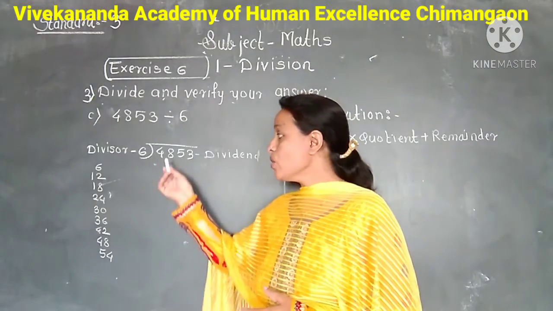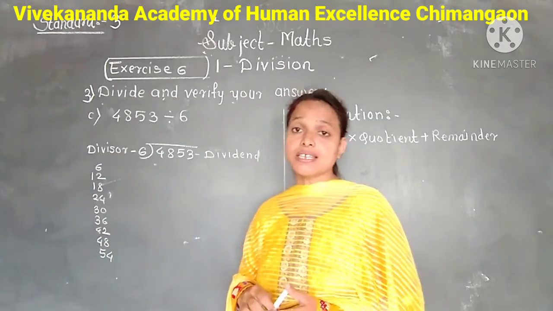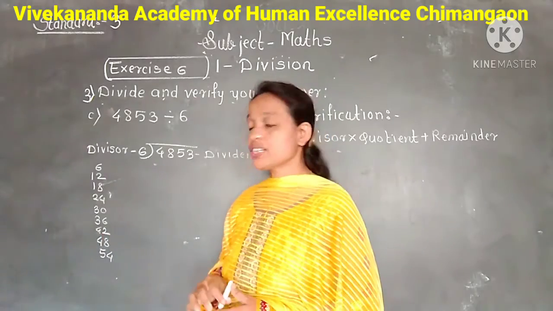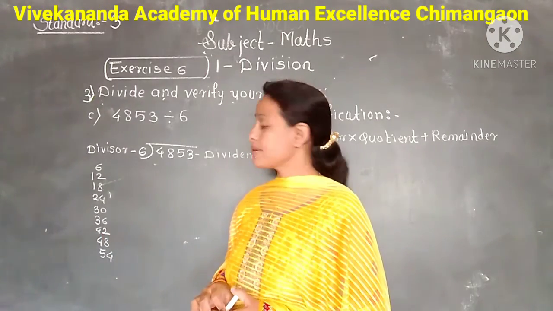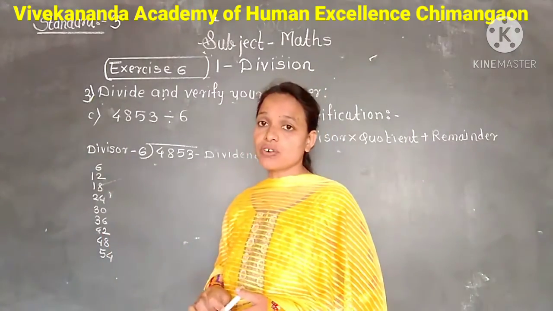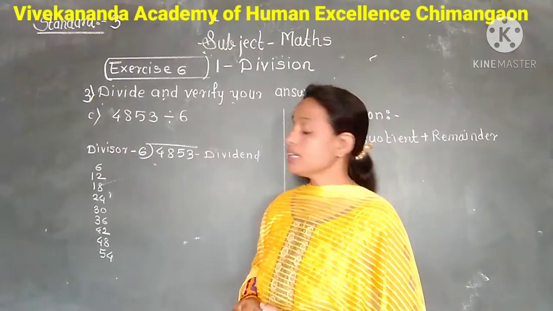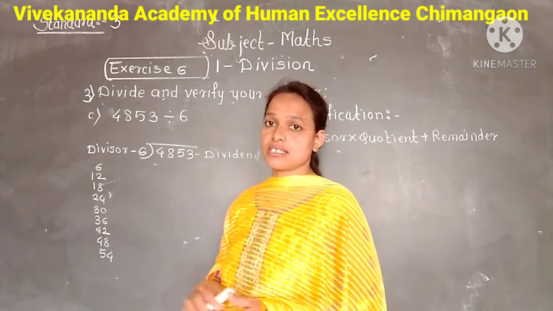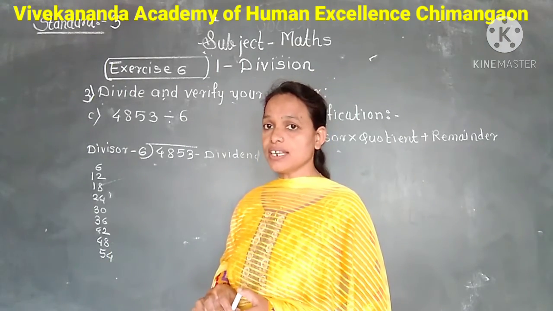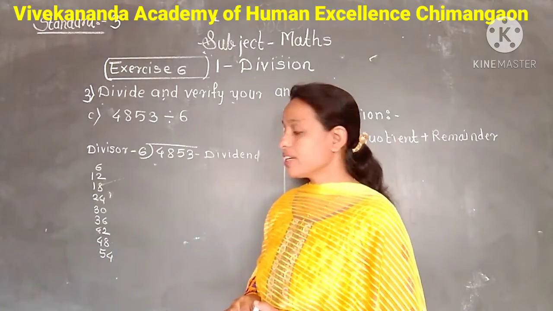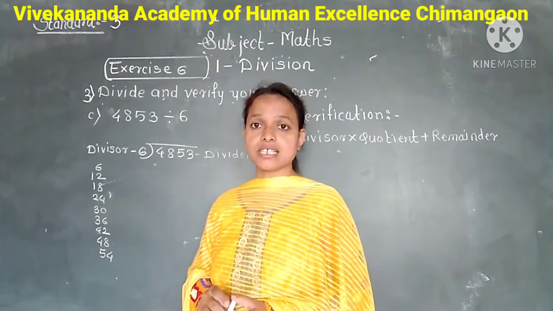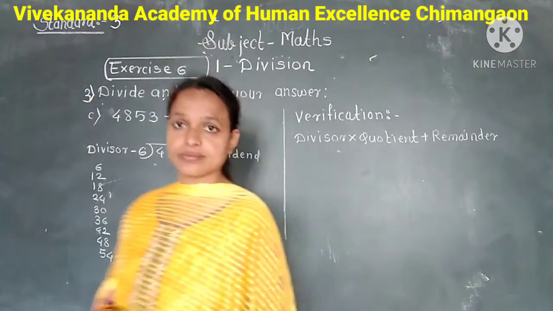Means we divide here 48 by 6. Here 48 is in multiplication table of 6. 6 8s are 48. Means 48 comes at 8th place in multiplication table of 6.